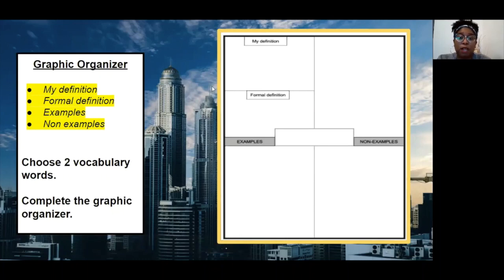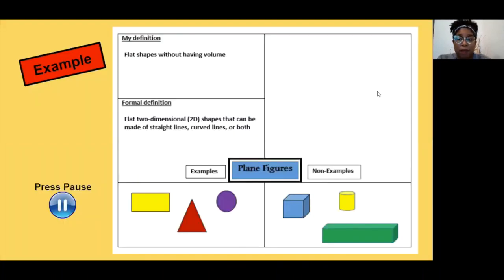To help you get started, here's an example. I chose the vocabulary word, plane figures. My definition: plane figures are flat shapes without having volume. The formal definition: flat, two-dimensional or 2D shapes that can be made of straight lines, curved lines, or both.